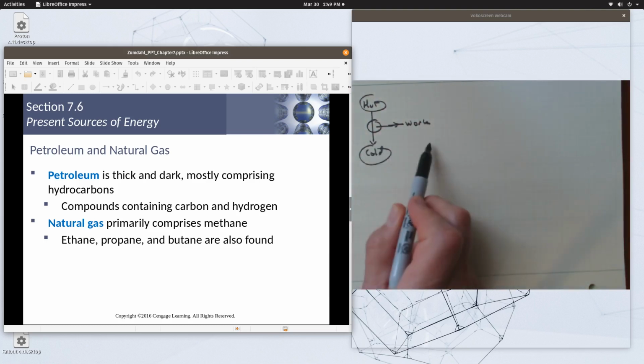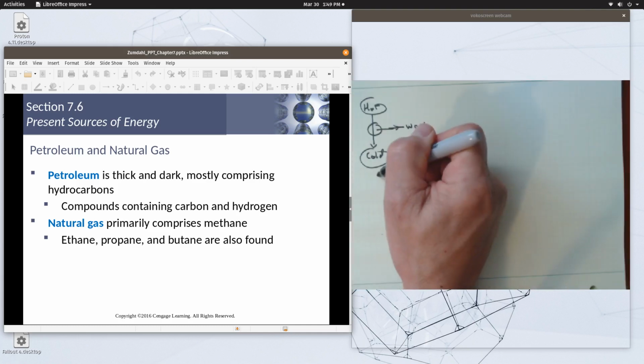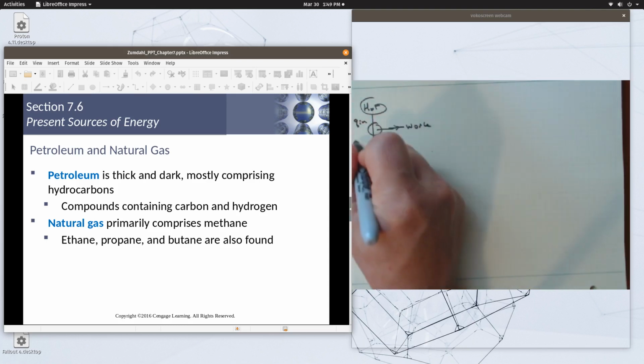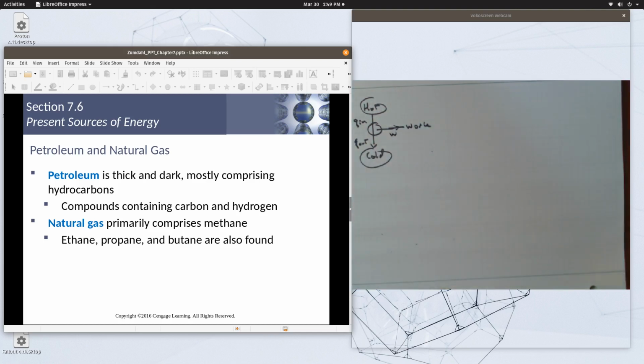Work is extracted. I transform heat. Heat is the flow. Heat in, heat out. Q in, Q out, and I get work that comes out. That is your basic thermodynamic engine.